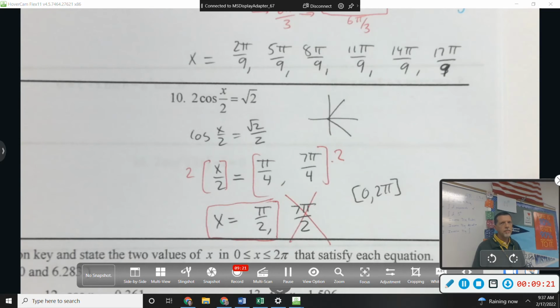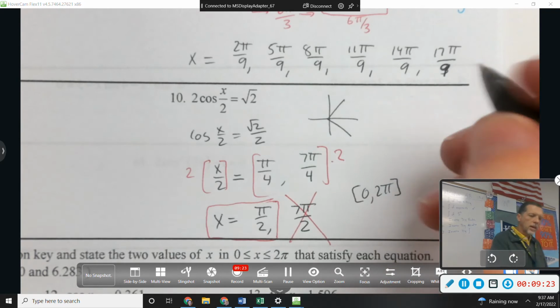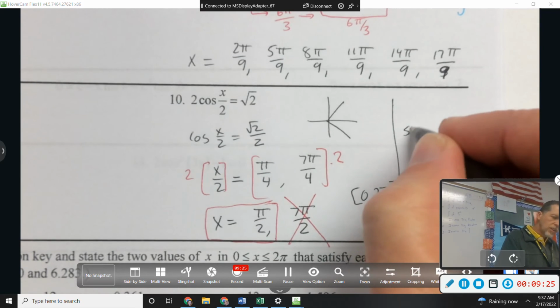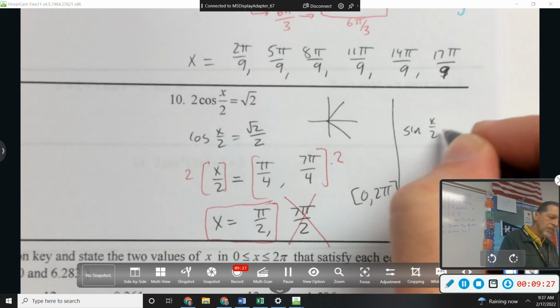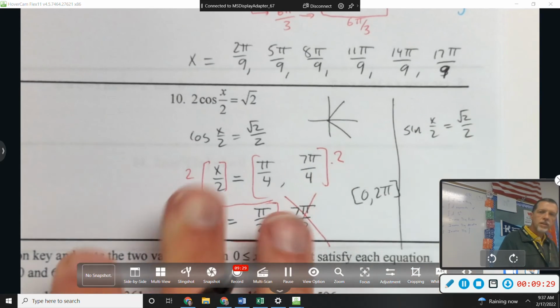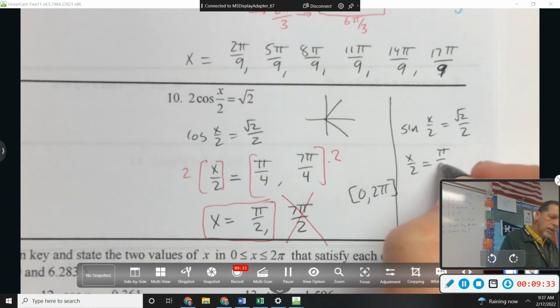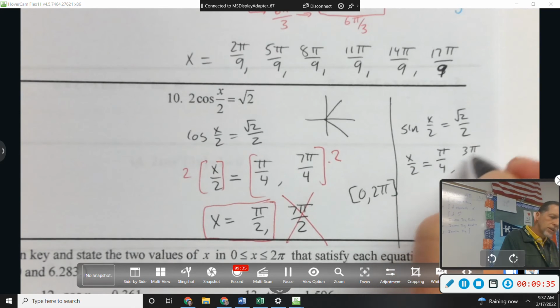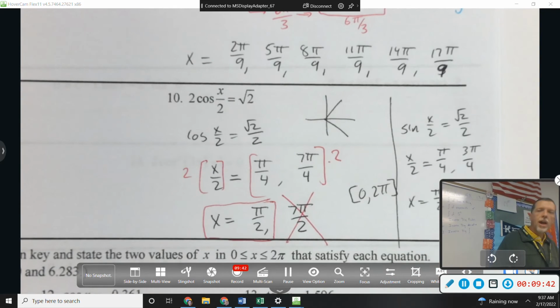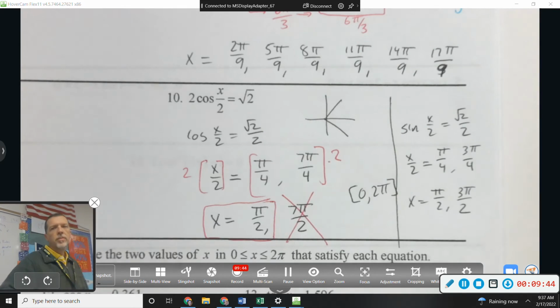So what would happen if this problem was sine of x over 2 equals root 2 over 2? Then that means x over 2 is pi over 4 and 3 pi over 4. And x would be pi over 2 and 3 pi over 2. And both of those would work. Would there be a situation where it would be like pi over 3 or pi over 5?